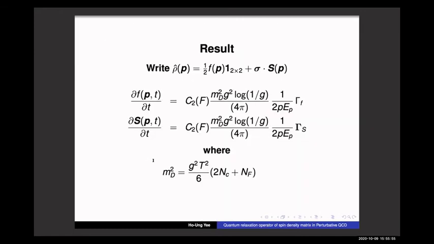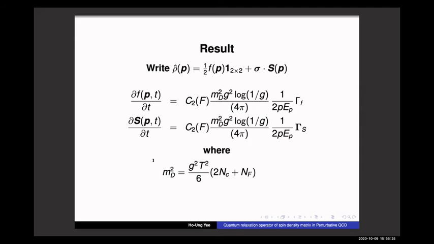With all this computation, I cannot really describe the details. We got this final result, which I will just show you. Basically, the left hand side is the time evolution of this density matrix, and the right hand side is some operator gamma.